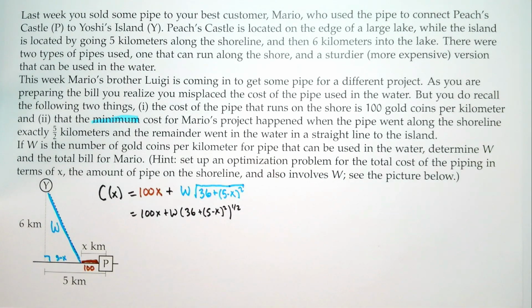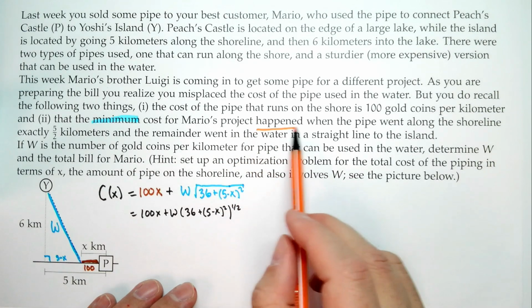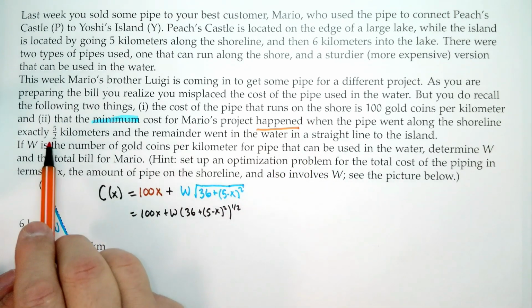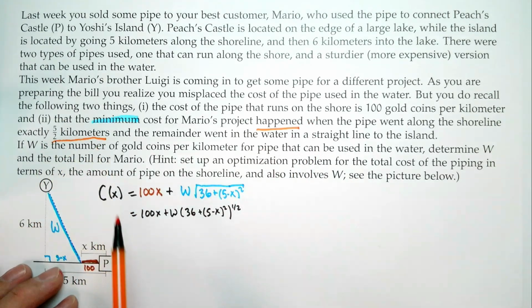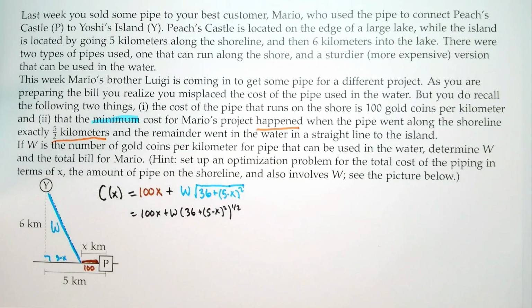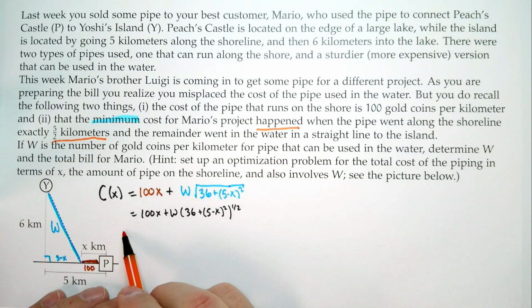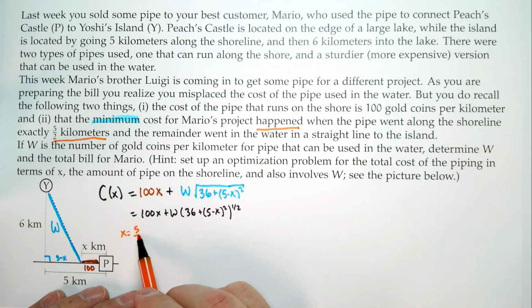Now, what do we know? Well, we're trying to optimize it, but in fact, we kind of know something really interesting. Now, W is a fixed number. We don't know what W is, but we were told that the optimum happened at 5/2 kilometers. Now that tells us that we know when the optimum happened. So what we know is that x equals 5/2.